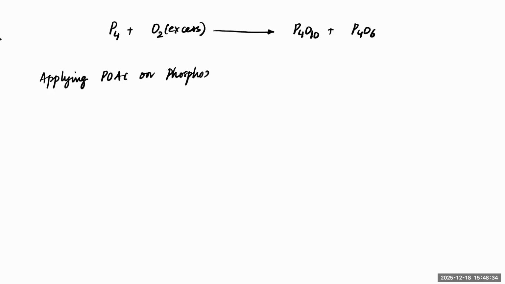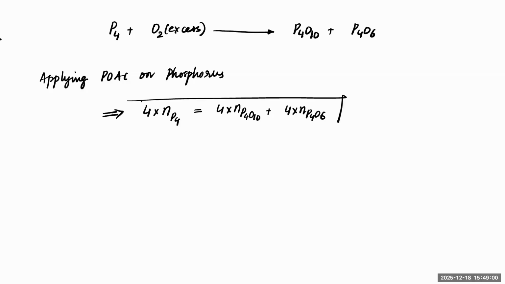So that implies 4 times the number of moles of P4 must be equal to 4 times the number of moles of P4O10 plus 4 times the number of moles of P4O6. This is the conservation of phosphorus.